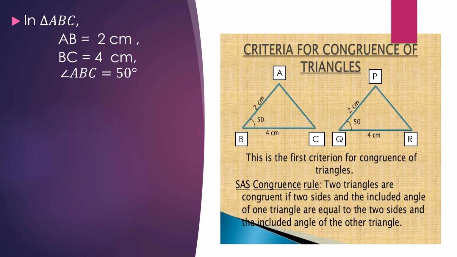Note that in this the angle is included between the two sides. The two sides are AB and BC, in which the angle B is included.